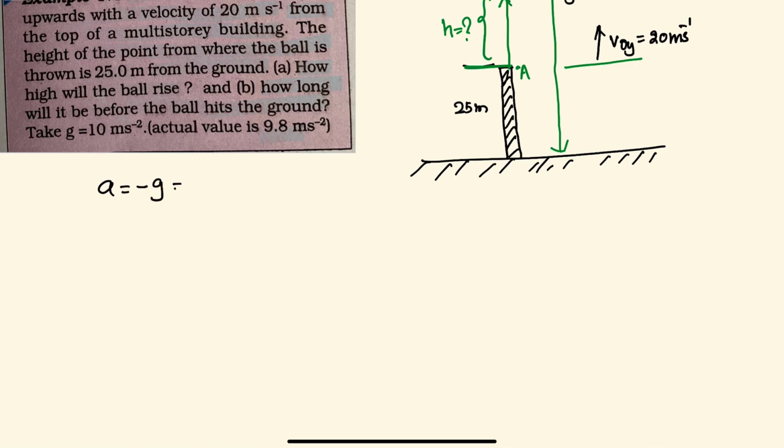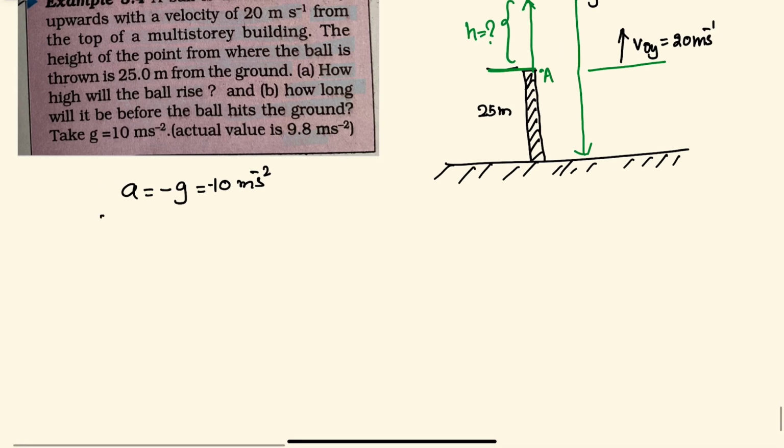Of course, according to the problem we will write it as minus 10 meters per second squared. So vy is 0, v naught y is equal to 20 meters per second, right?